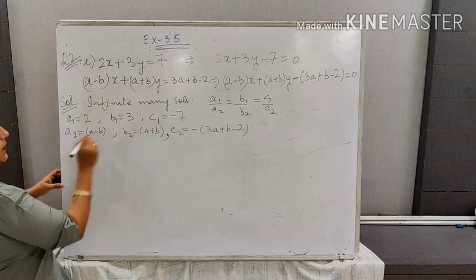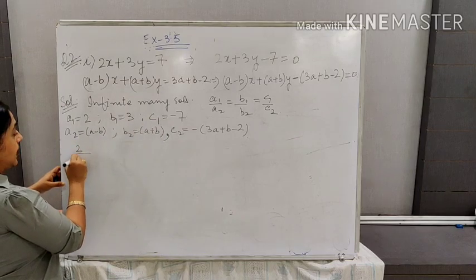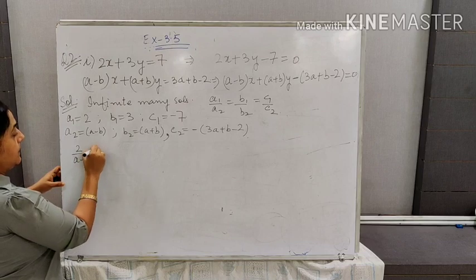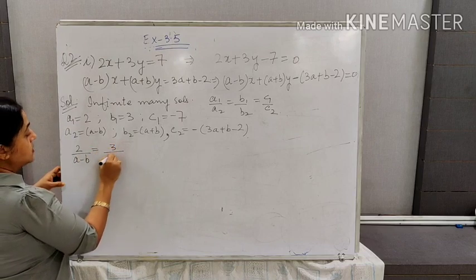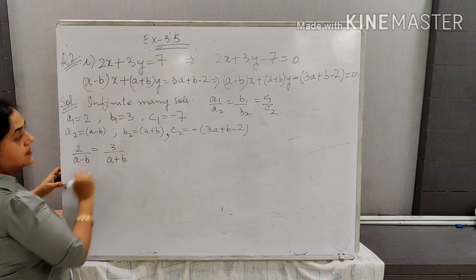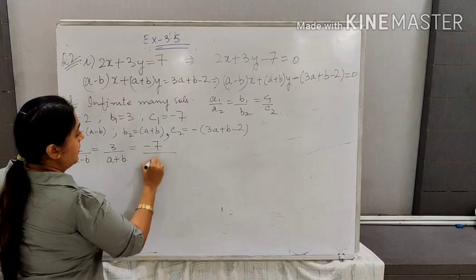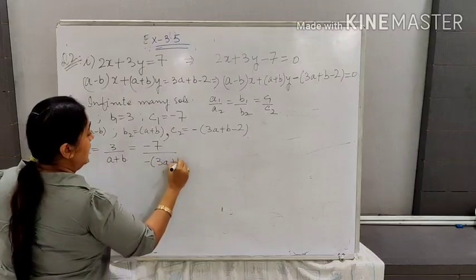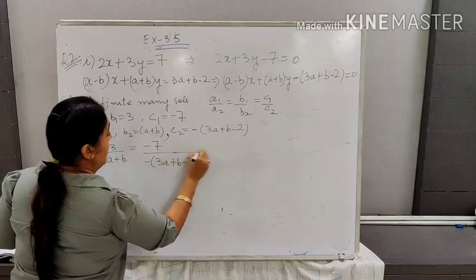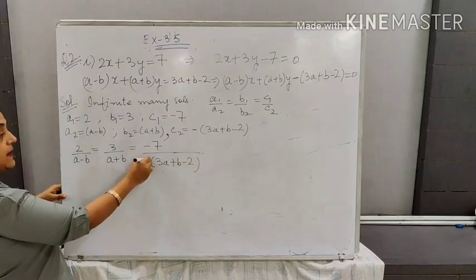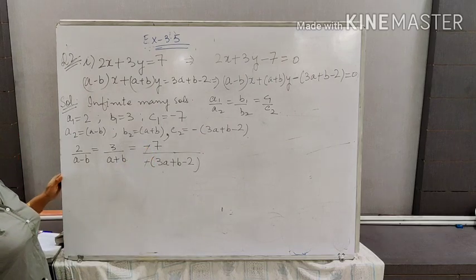Now, A1 upon A2. So according to the given condition, 2 upon a minus b must be equal to 3 upon a plus b. And this must be equal to minus 7 upon minus of 3a plus b minus 2. Right? This minus gets cancelled off.